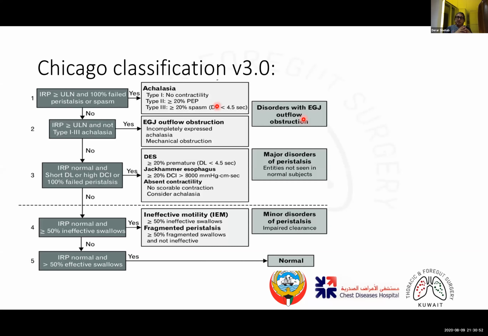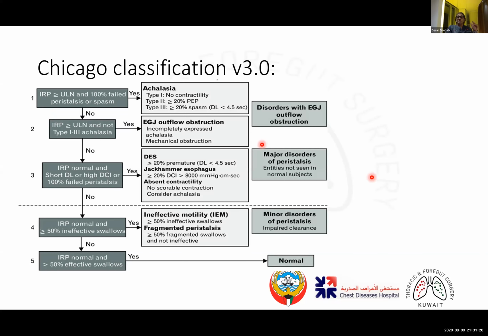Patients undergo high resolution manometry, and they measure the resting pressure of the lower esophageal sphincter and whether there is peristalsis or not, and whether the contraction is strong or vigorous, or there is no contraction.